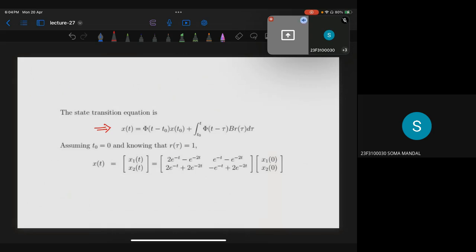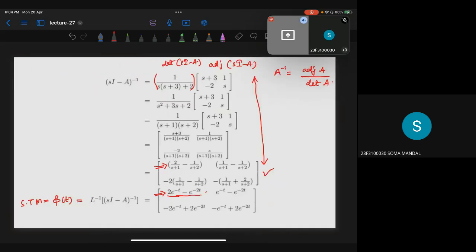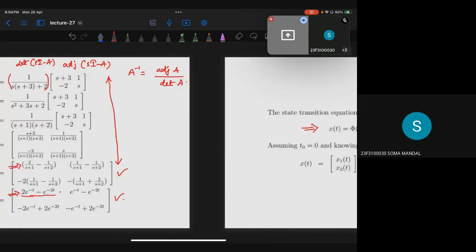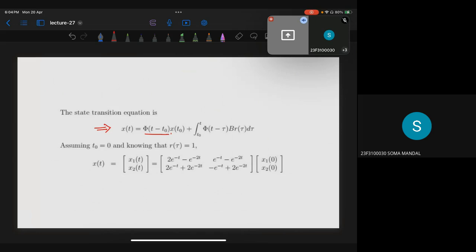Once you substitute the first part, x of t is equal to phi of t minus t naught, where phi of t is this matrix, times x of t naught.